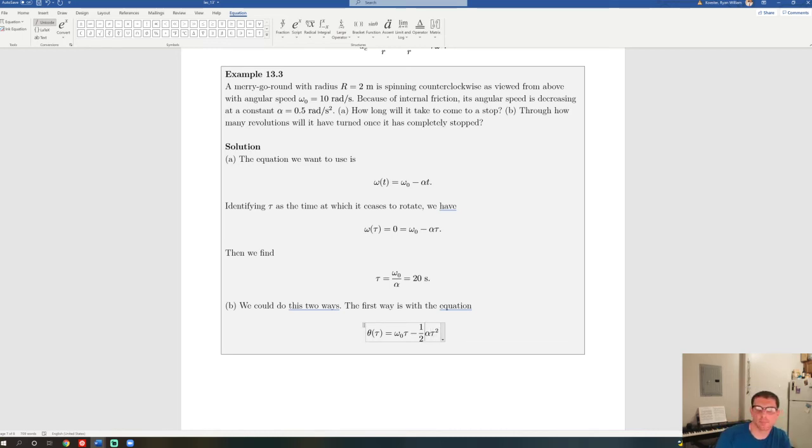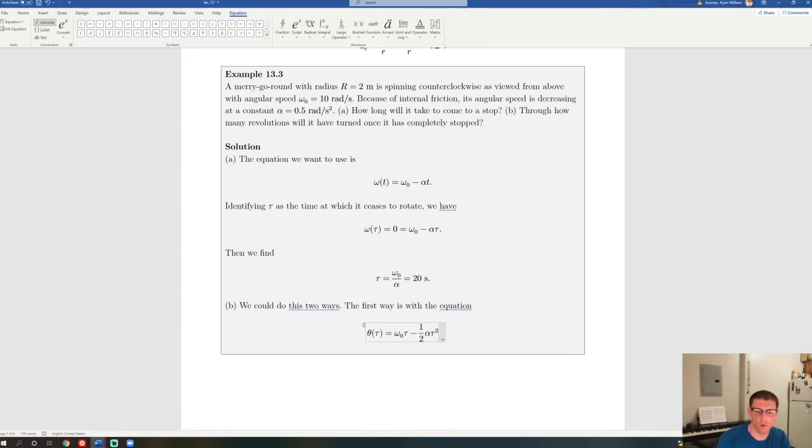Notice that I didn't write the theta naught. Remember that back when we were talking about kinematics, we could always take our origin to be where we wanted it, as long as we were consistent with that choice, and the same thing applies here as well. So we can just omit that, and it doesn't change anything.